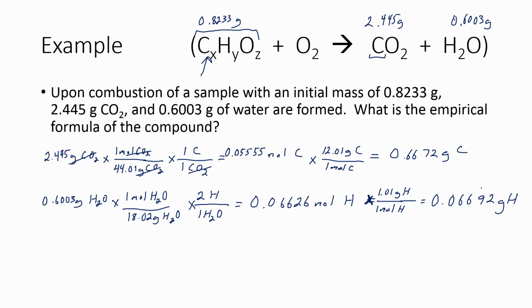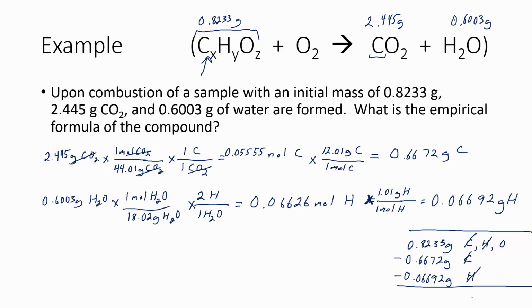And again, we're not really getting too into sig figs at the moment because we're not at our final answer. So that means between carbon and hydrogen, I can take the 0.8233 grams of carbon, hydrogen, and oxygen, subtract 0.6672 grams of carbon, and subtract 0.06692 grams of hydrogen. And what I'm left over with will be grams of oxygen in that original sample.